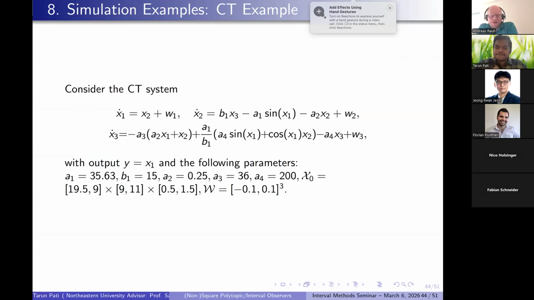In such cases, you cannot only exploit this mixed monotonicity property that you did, but you could also factorize the equations in such a way that this cosine of x1 becomes a coefficient of x2 in a dynamics matrix, something like a quasi-linear state space representation. And then you could bound that coefficient, for example, by an interval plus minus 1.